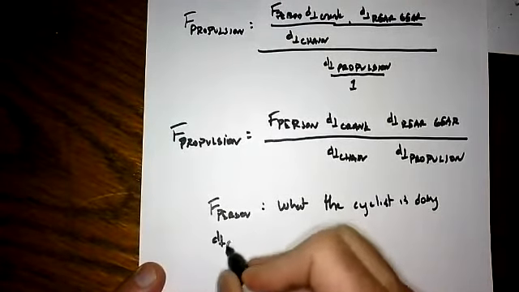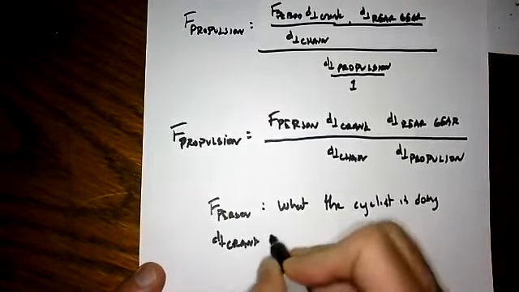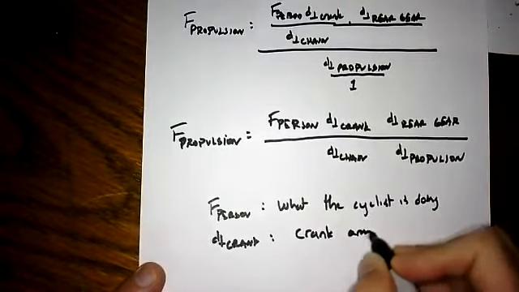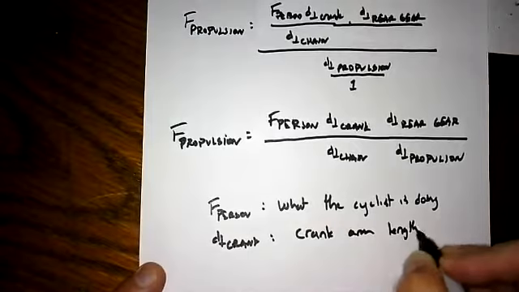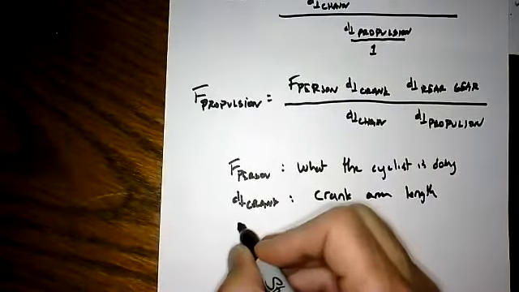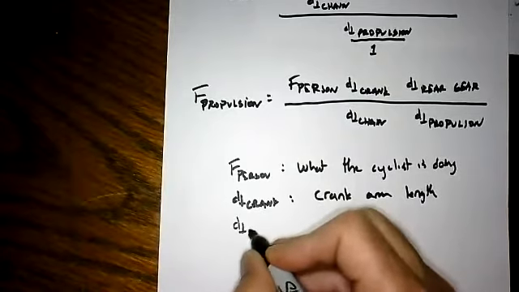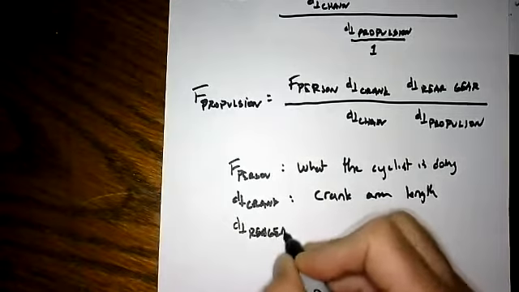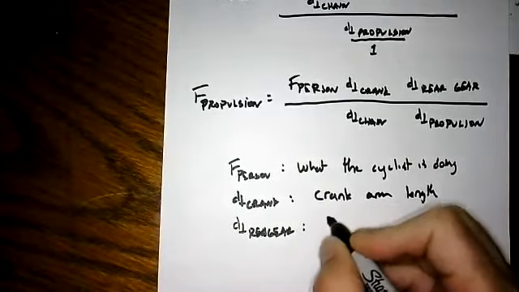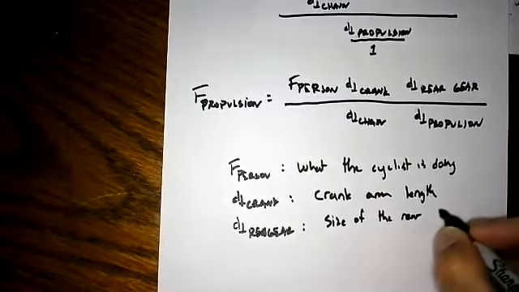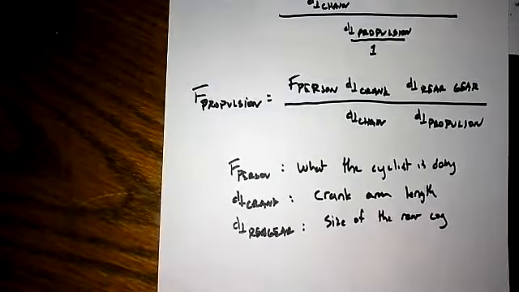D perpendicular crank is the crank arm length, 172.5, 175, whatever. D perpendicular rear gear is the size of the rear cog that the chain is wrapped around.